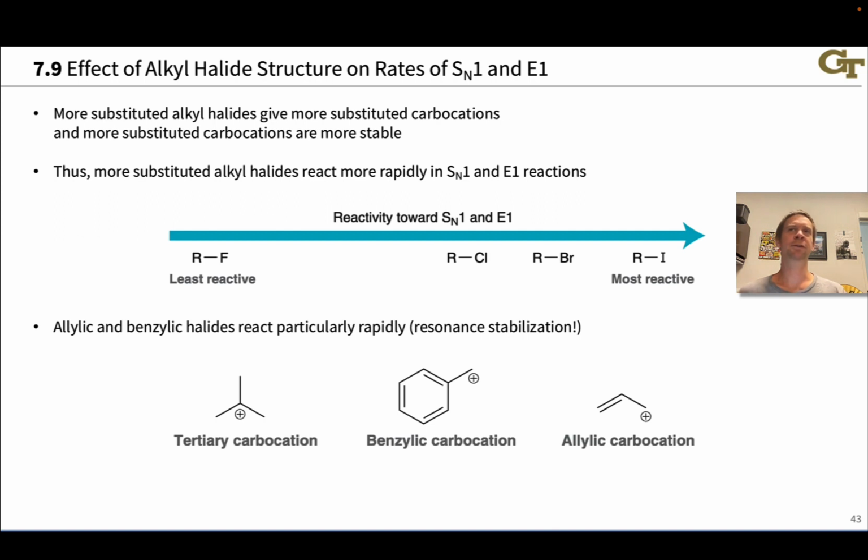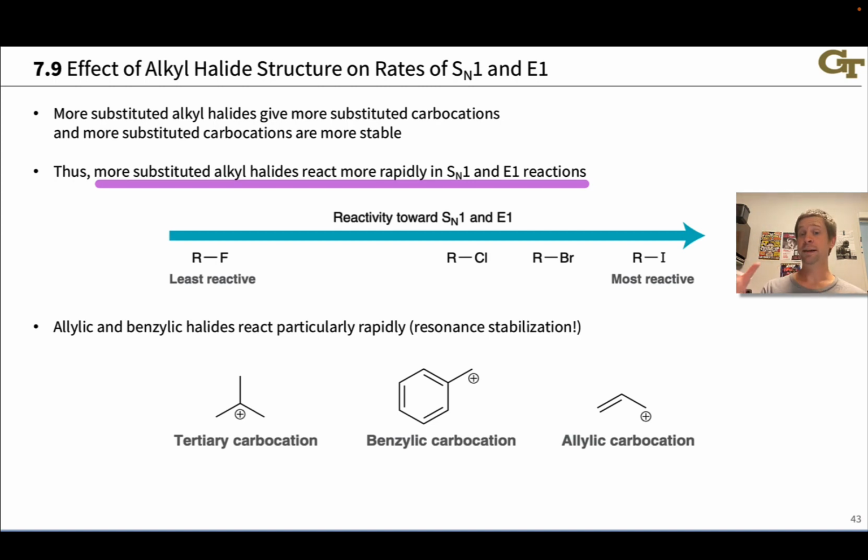And so we can think about this really along two dimensions that are important to consider: the substitution pattern of the alkyl halide and the possibility of resonance stabilization in the carbocation. More substituted carbocations are more stable than less substituted carbocations. Therefore, more substituted alkyl halides, which can lose the halide to form a more substituted carbocation, react more rapidly in SN1 and E1 reactions than less substituted alkyl halides.